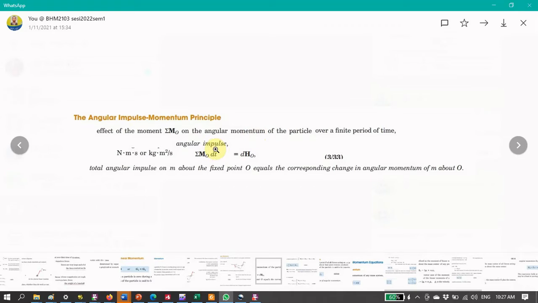The angular impulse is when you multiply the moment of a single force about the origin O with the period of time that the force is applied. So that is the angular impulse. It's referring to a single force.